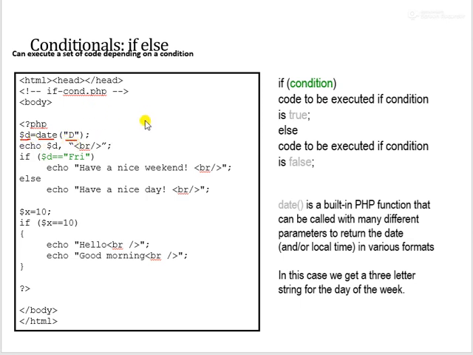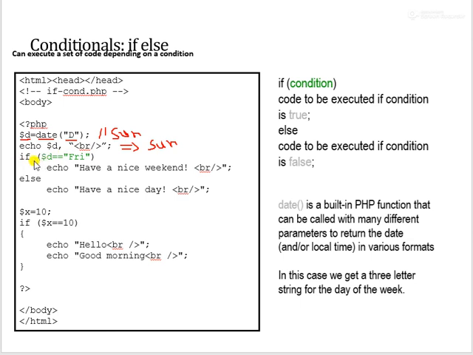So d will be assigned the day of the current date. Let's suppose the current date is September 27 and the day is Sunday. So d will be assigned the value Sun, Sunday. Echo d, when we call echo d, it will display on screen the value of d, because today is Sunday, so Sun will display on screen.